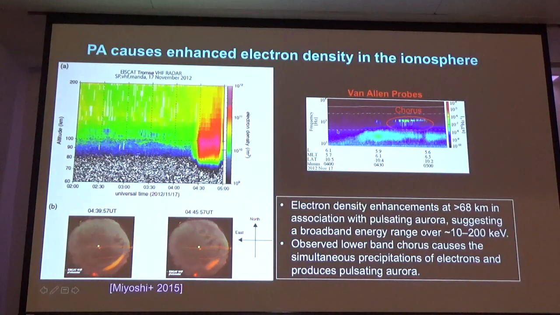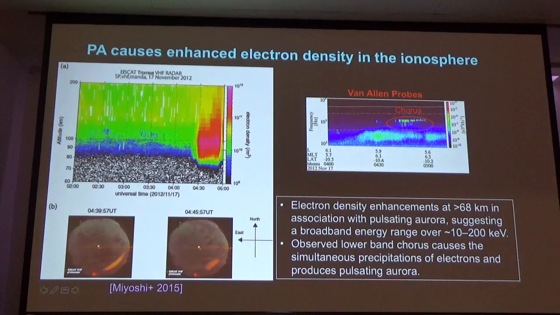And pulsating aurora can also cause enhancement in the electron density in the ionosphere, and this is an example from the EISCAT radar. In association with the pulsating aurora intensification, EISCAT observed the enhanced electron density all the way down to 70 kilometers.